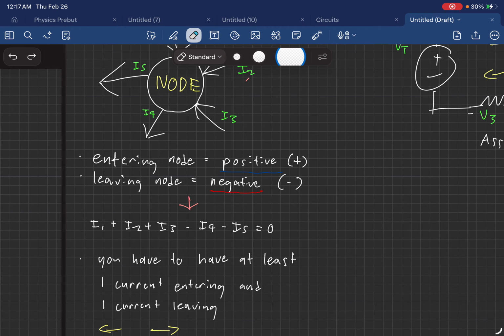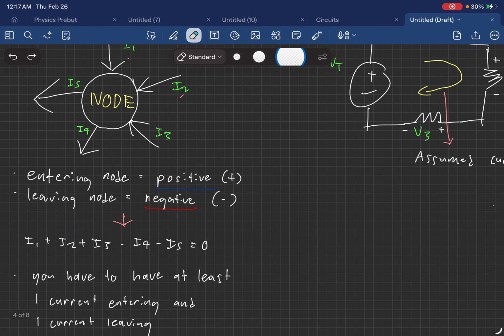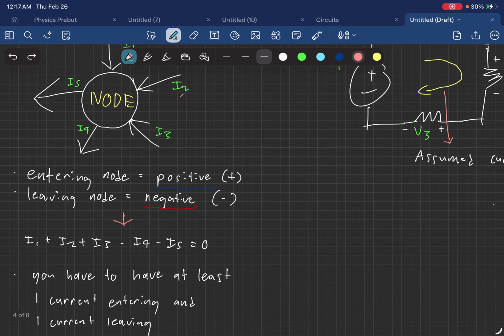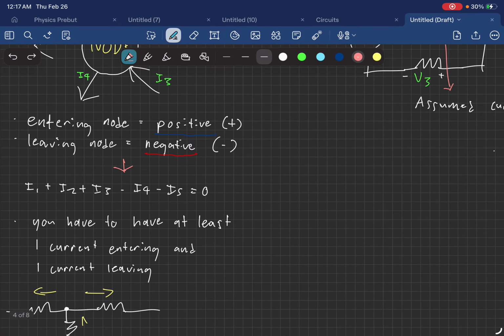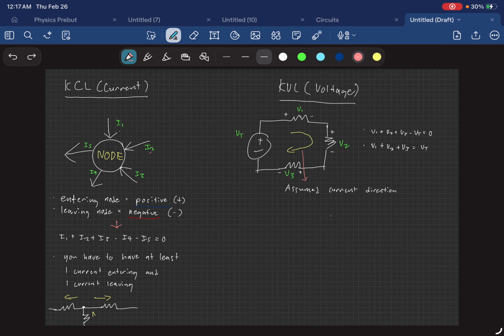And so if we put that into an equation, it is I1 plus I2 plus I3, because they're going inside, minus I4 minus I5. And of course, that is all equal to 0. Or like what we discussed, you can say I1 plus I2 plus I3 is equal to I4 plus I5.